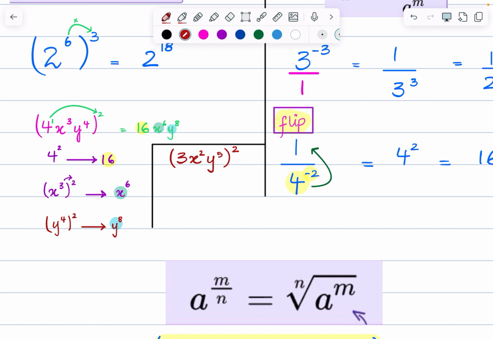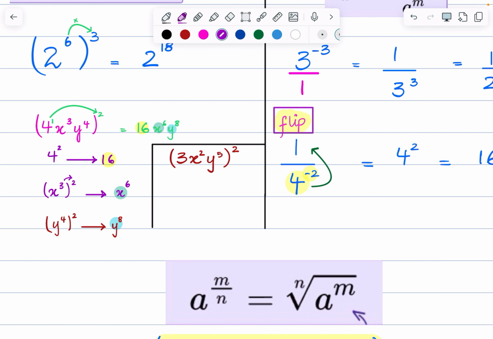So give every term inside the bracket the power separately. 3 to the power 2, x square separately, and so on. And try to get the answer. If you have the answer, let me know. I'll also write the answer in a minute.